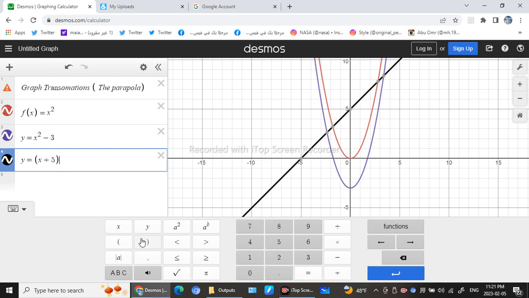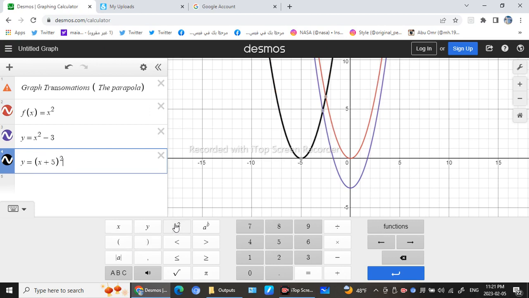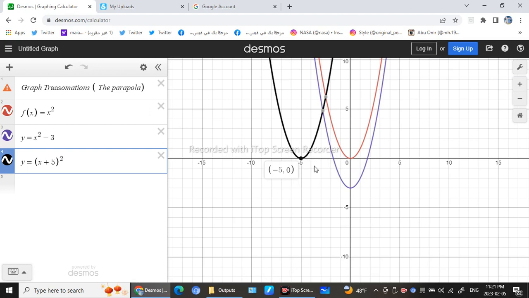So I replace x by x plus 5. See here, the curve is displaced to the left in the negative direction of the x-axis. It is shifted by 5 units to the left.